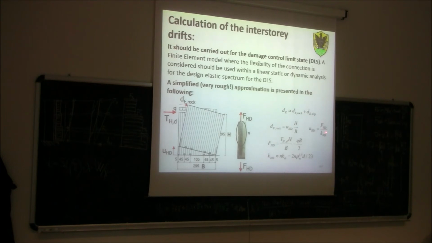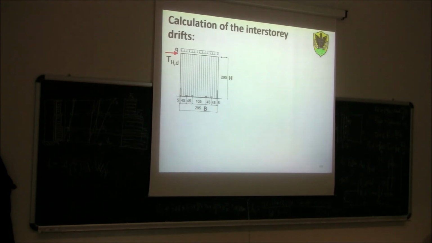FHD, from equilibrium, the vertical force in the hold-down, is THD times H divided by B minus the stabilizing bending moment, which is given by the vertical load applied above the wall. So in the end, with this simplified formula, I can calculate dE rock.